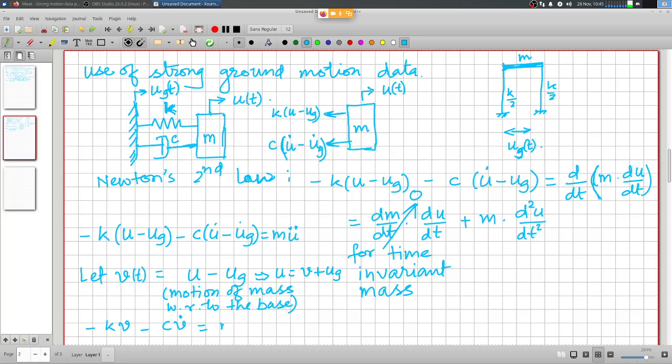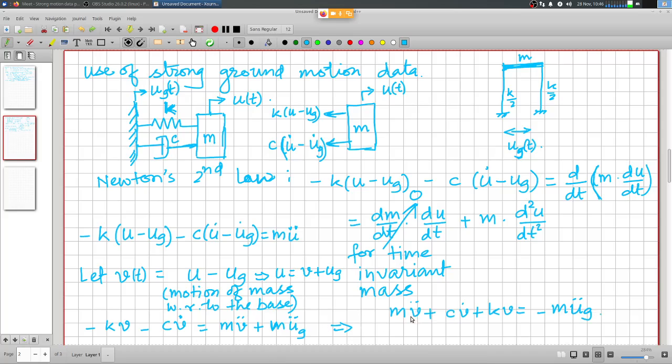So we have m v double dot plus m ug double dot, and if I transform this equation, then I get m v double dot plus c v dot plus k v is equal to minus m ug double dot.